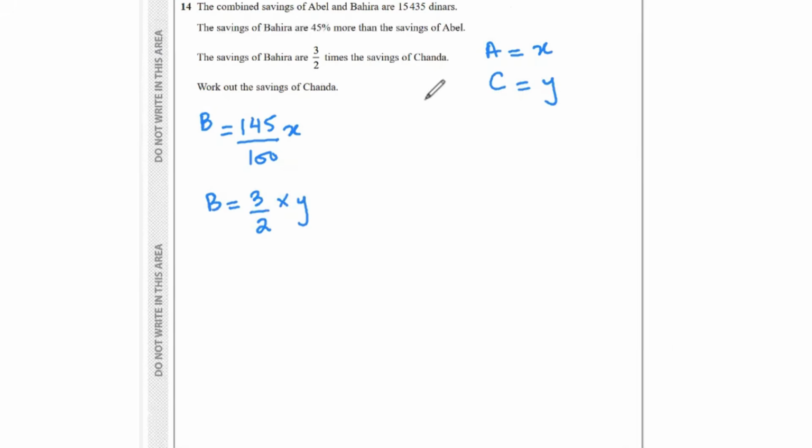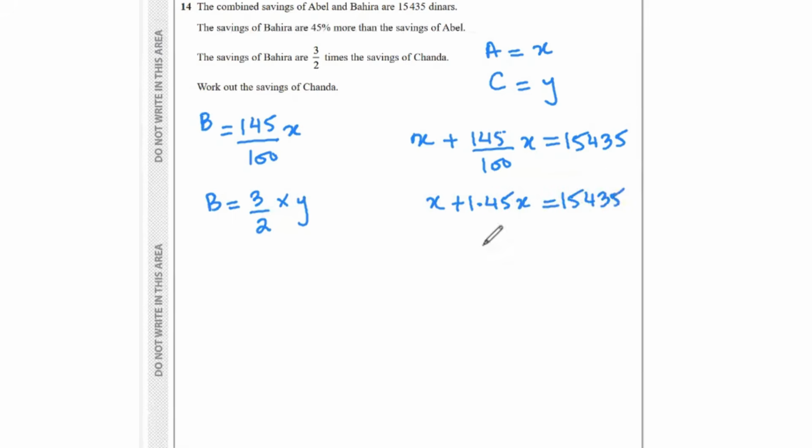Together they have 15,435 dinars. So x plus 145/100 x equals this. So that's going to be x + 1.45x = 15,435.